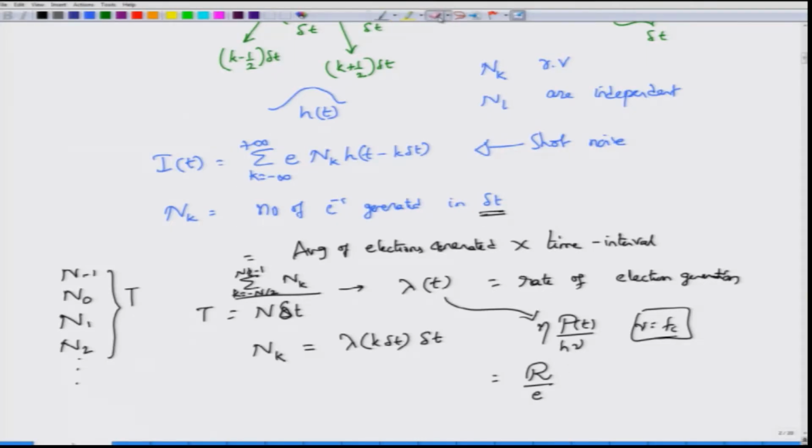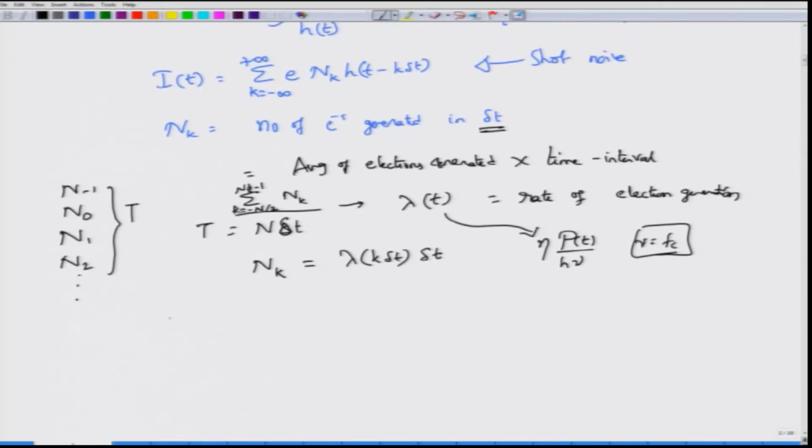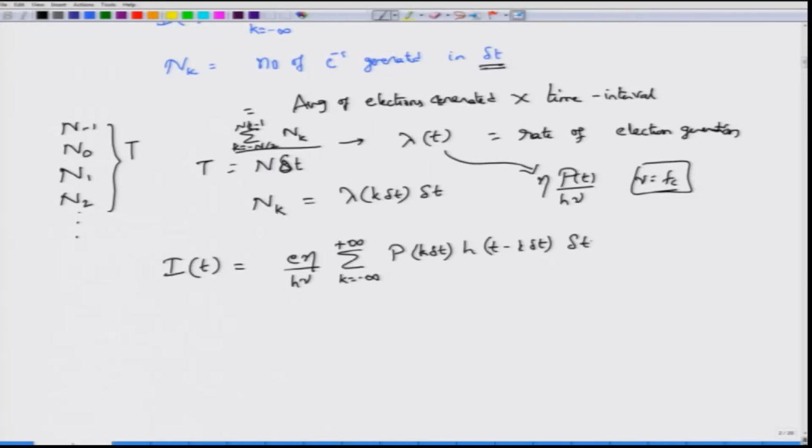Okay. So, with this, let us go back and substitute for lambda and rewrite the current equation. I have the short noise current, which is the photocurrent that is generated, given by E eta by h nu, summation k equal to minus infinity to plus infinity, P of k delta t, and then you have h of t minus k delta t multiplied by delta t, because this is a rate and a rate has to be multiplied by delta t.